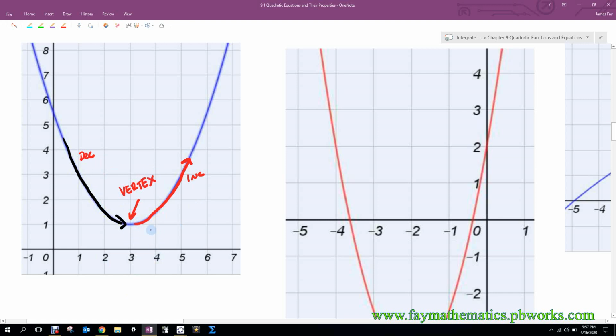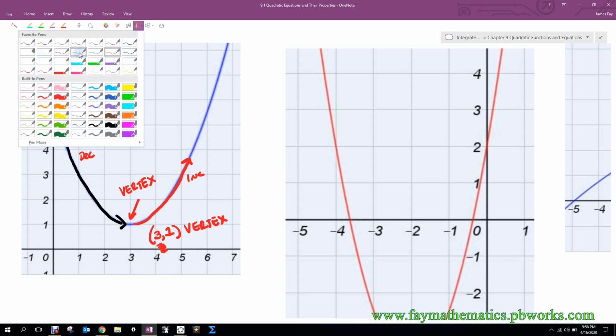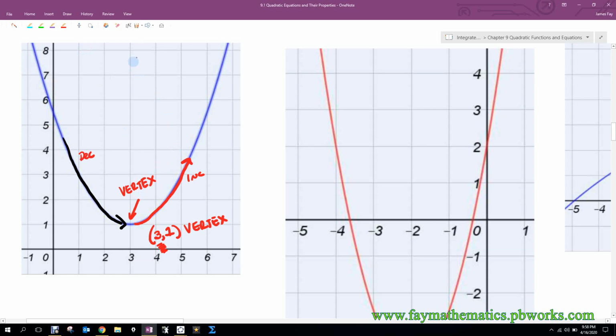So that vertex is located at what point? Well, the x value is 3. The y value is 1. That is my vertex. Now, what is nice is that the 3 is the coordinate that we use to identify the axis of symmetry. We usually make it a dotted line, though it doesn't matter.